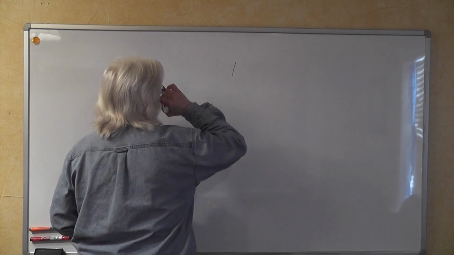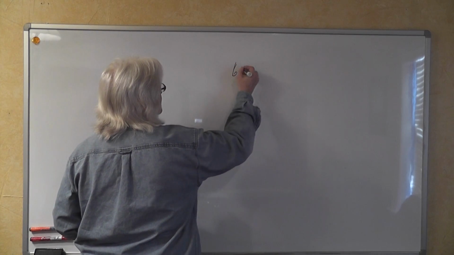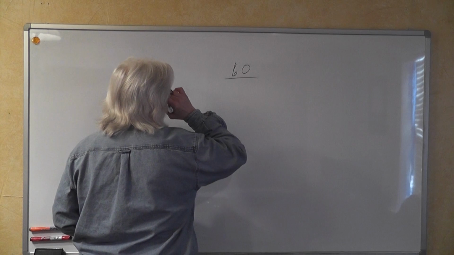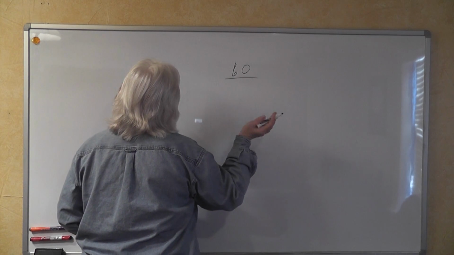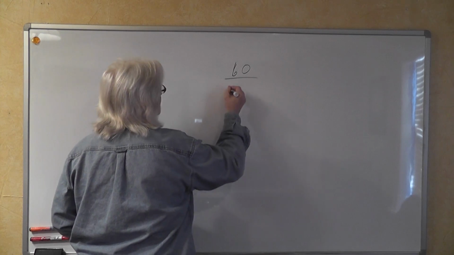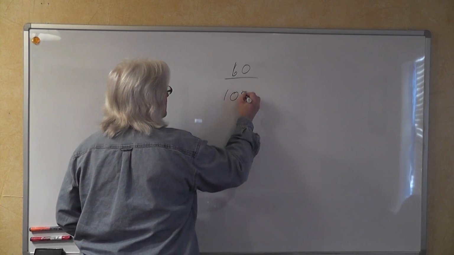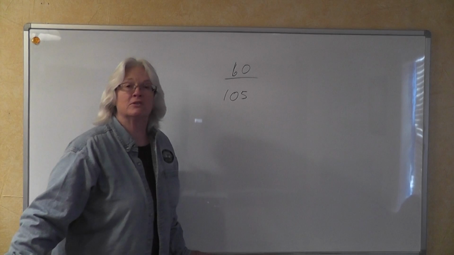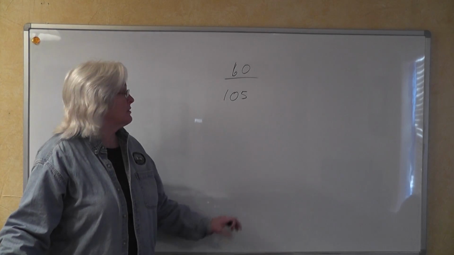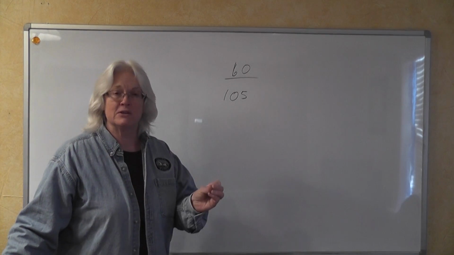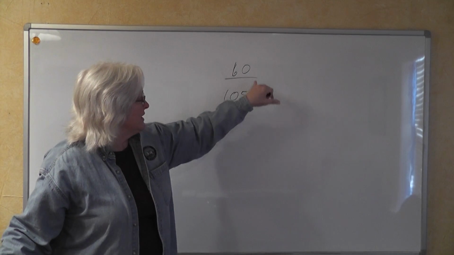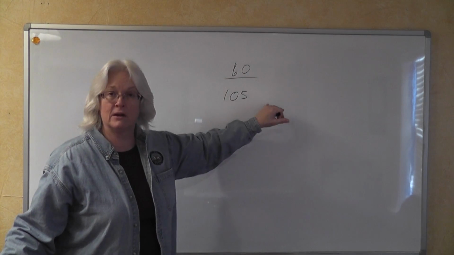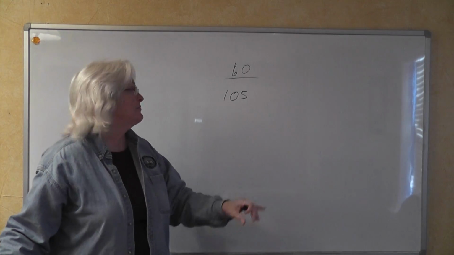If we have 60 divided by 105, and we wanted to reduce that to lowest terms, we follow the procedure of rewriting each of the numerator and the denominator as a product of prime factors.